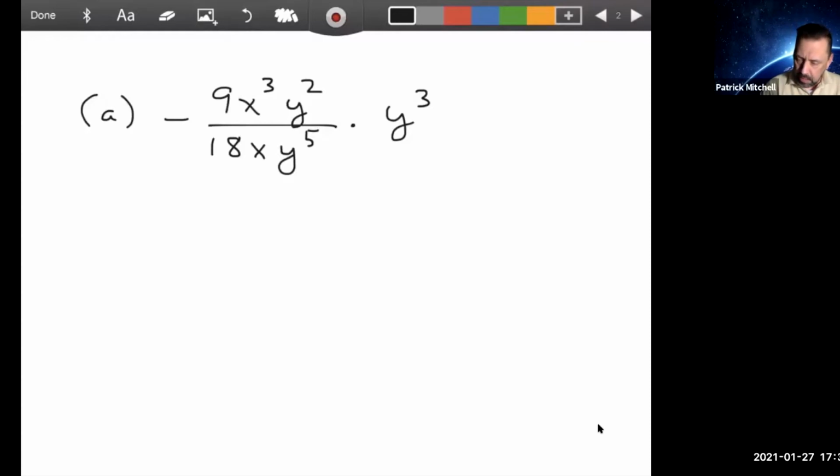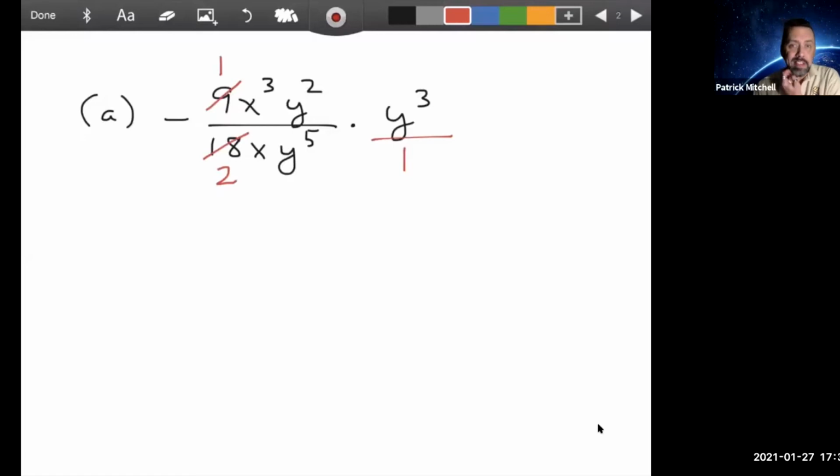So one suggestion I'll make is that you put a 1 underneath this y to the third, and then just start looking for common factors. So for example, 9 and 18 have a common factor 9. If you divide each of those by 9, that becomes a 1, this becomes a 2, okay?